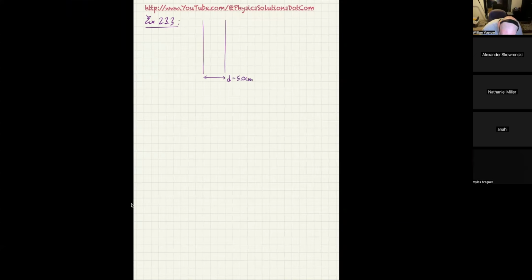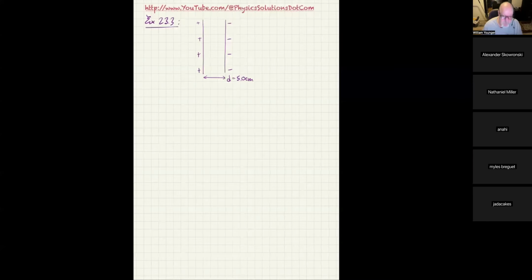And since this side is going to be negative and this side's going to be positive, that means the voltage on one side is 0.0 volts and the voltage on the other side is 50.0 volts.